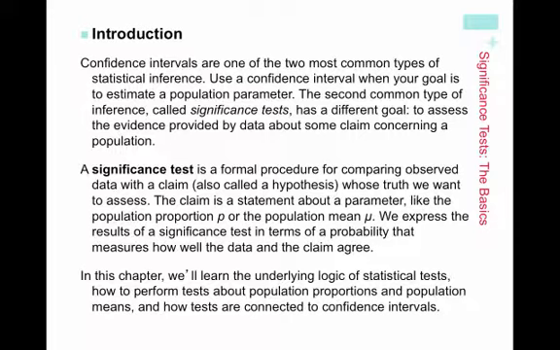So the type of inference that we're using is a significance test. And what we're doing is we're assessing evidence, that is data, about some claim and deciding whether or not that claim is maybe true. Our significance test is a formal procedure for comparing observed data with a claim.